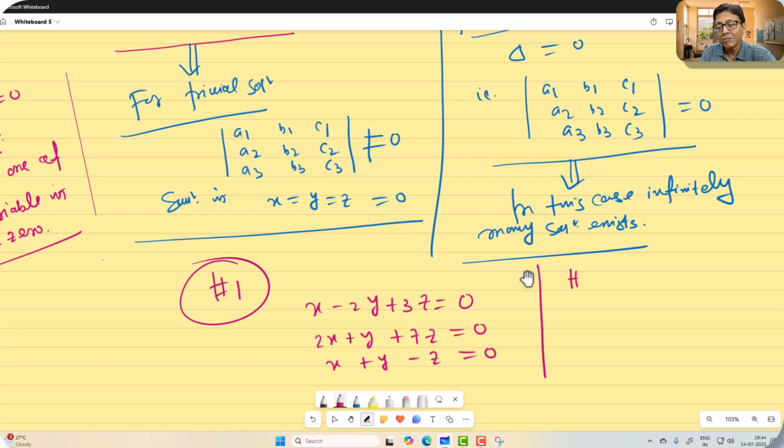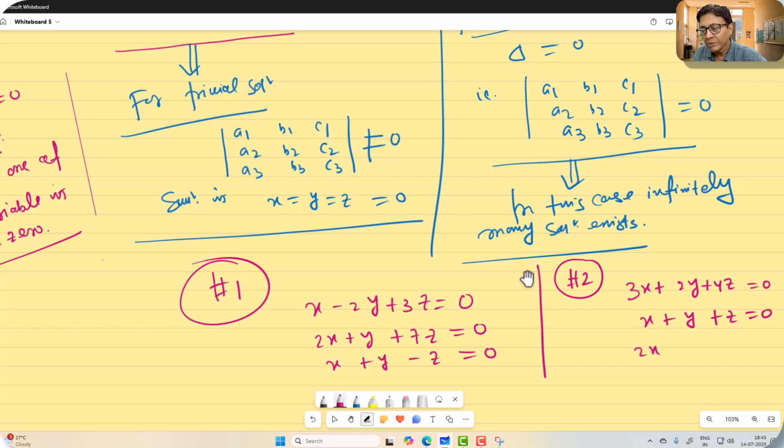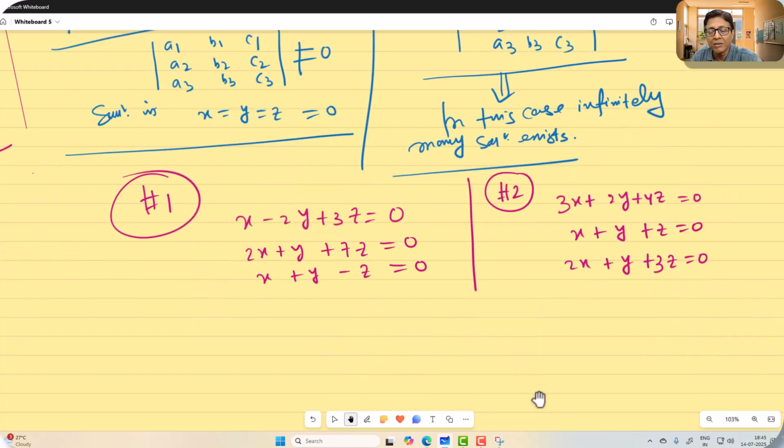And another one is, say, 3x plus 2y plus 4z equal to 0, then x plus y plus z equal to 0, then 2x plus y plus 3z equal to 0. Let me explain one by one how to write the solution here quickly.